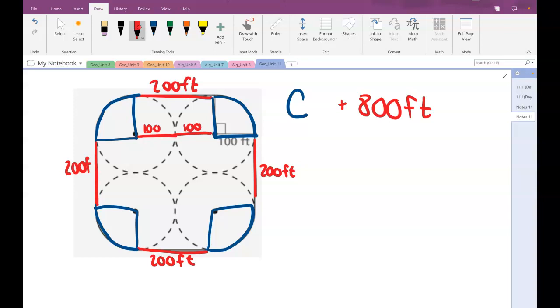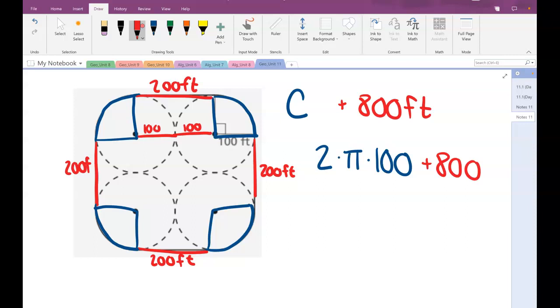Since we're given our radius, for our circumference we're going to use 2 pi r. So 2 times pi times r. Our r is 100. And then we add our 800 feet for the straightaway section.